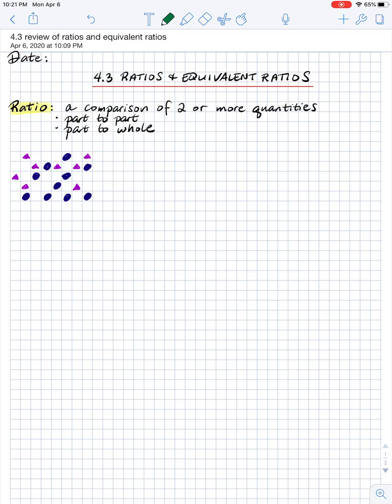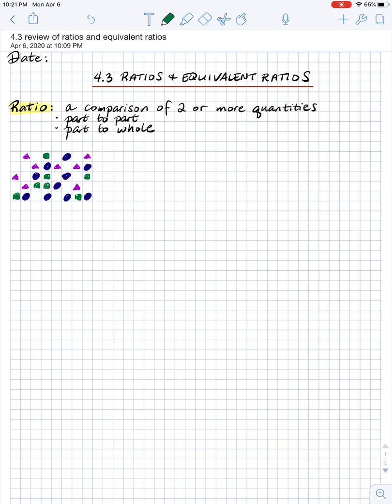And let's do green. Let's do green squares within the squares here. Okay, so there we go.